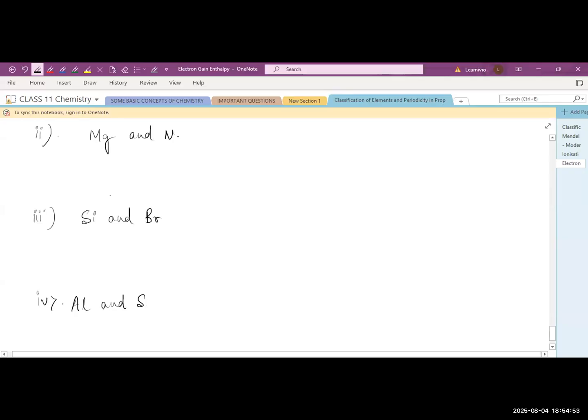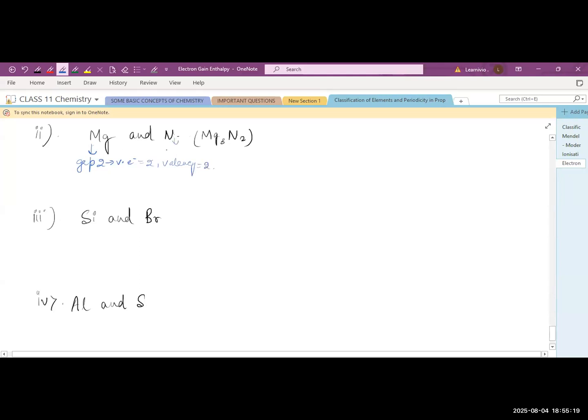Ma'am, is the second one Mg3N2? It's Mg3N2. Yes, see, magnesium belongs to group number 2, so its valence electron is 2, and the valency is also 2.